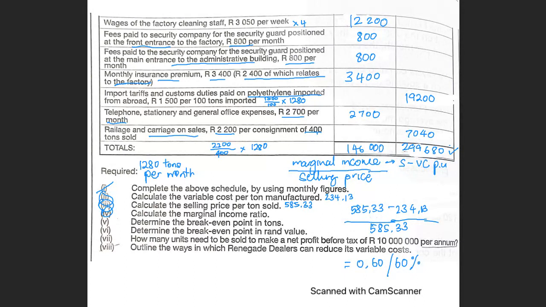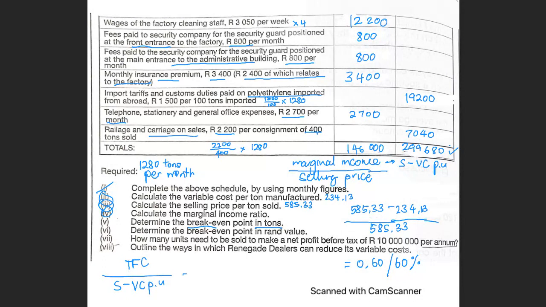Then the next one asked you to determine your break-even point in tons, which is also another way of saying in units. It's just because we were working with tons here. So break-even point in units, remember, is your total fixed cost over your marginal income ratio, which is your selling price per unit minus your variable cost per unit.